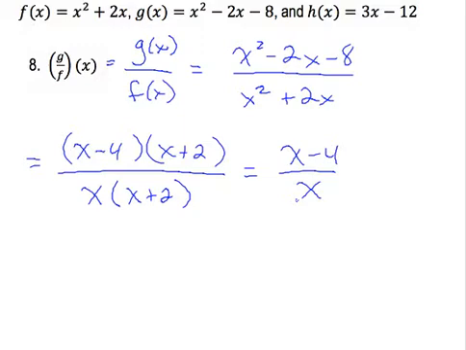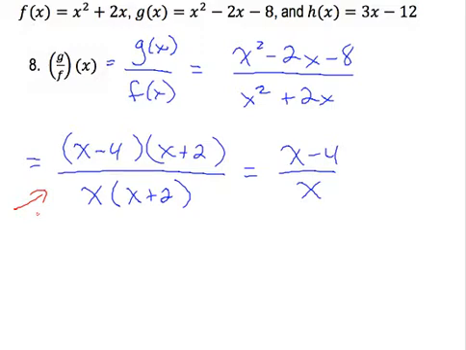Now, to state the domain here, we have to think about the restrictions of our function, just like we were doing back in our rational expressions and rational functions unit. So I need to look at the factored form back here in this step. Before I canceled away these x plus 2's, this was the factored form of my function. Here's where I can see the restrictions.